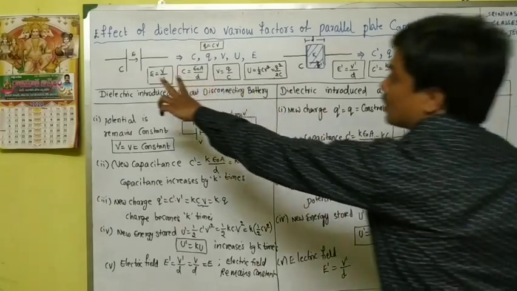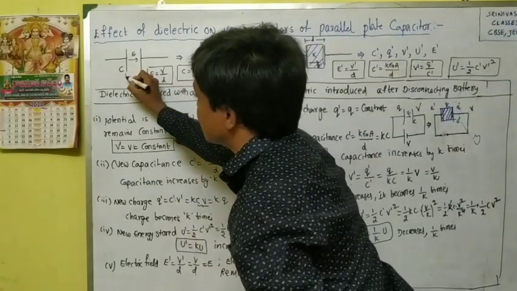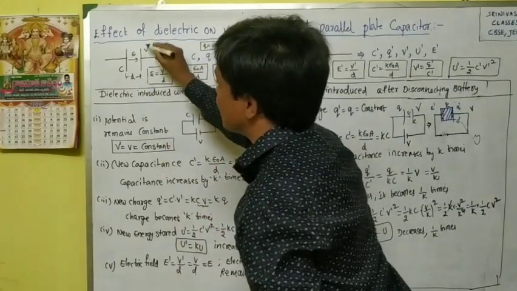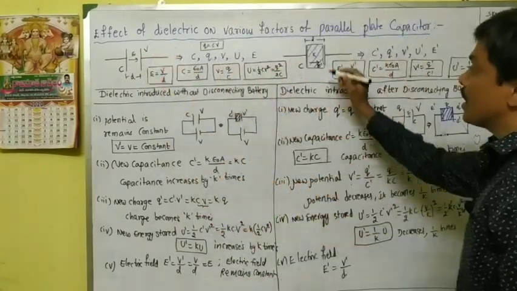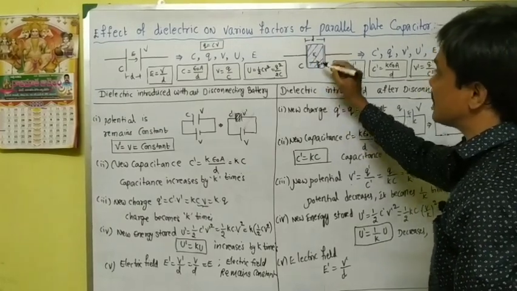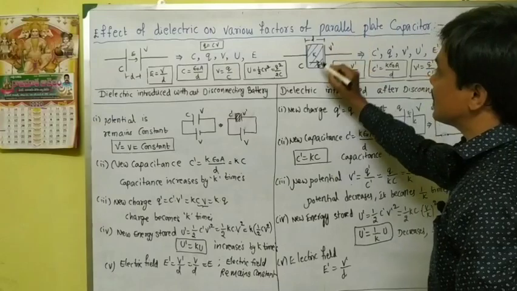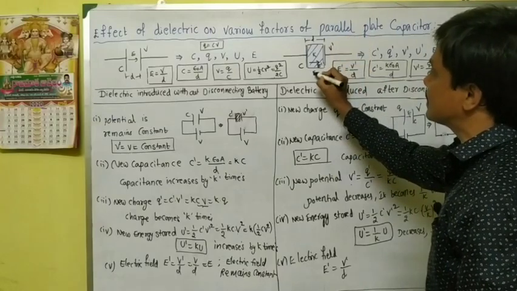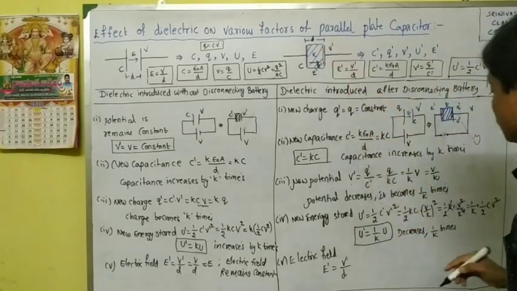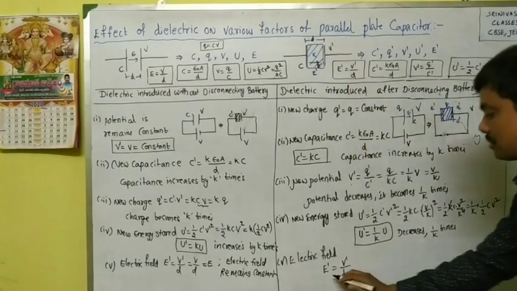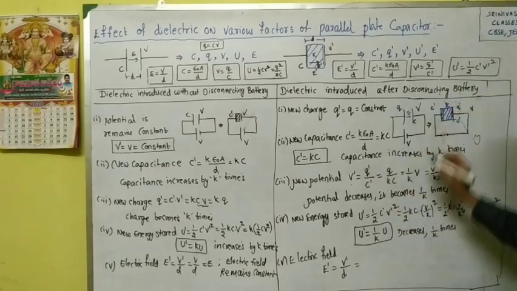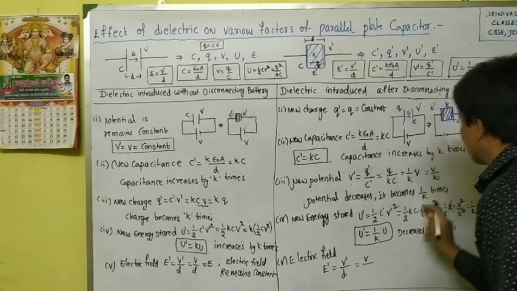Before introducing the dielectric slab, the separation is D, the electric field is E, the potential difference is V, and E equals V by D. After introducing the dielectric slab, the potential difference between the two plates is V dash and the electric field is E dash. The separation is again D only, we do not change the separation. New electric field equals new potential by new separation. But V dash is equal to V by K, as we derived here.